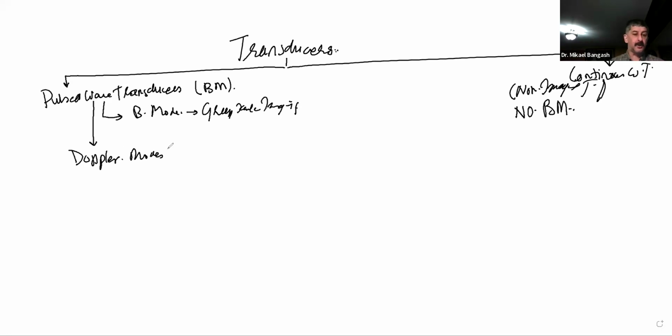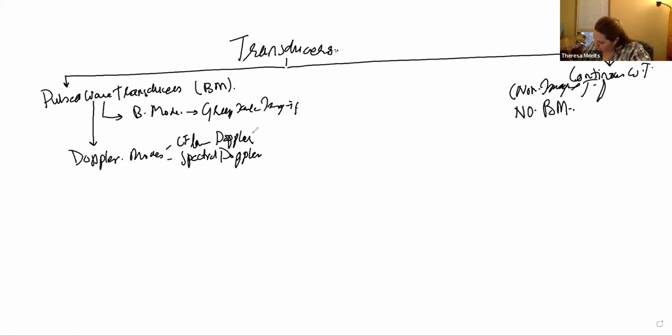What are going to be our main Doppler modes? We may have color flow, or we may have spectral Doppler. Did you guys get that? Yep. Good.